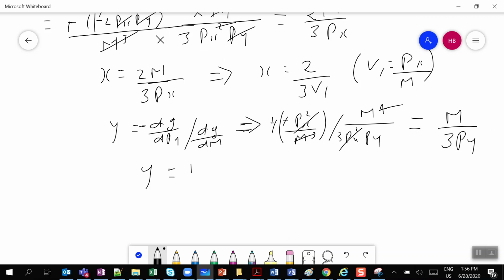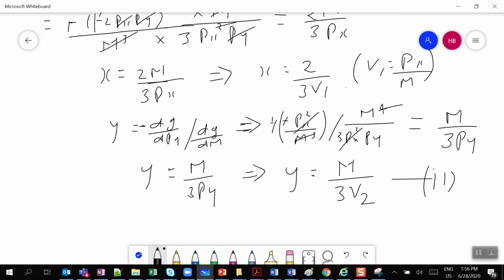Similarly, y is equal to m by 3py, which gives y equal to m by 3 v2. This is equation 2. From equation 1, you can see x equals 2 by 3 v1 and y equals m by 3 v2.